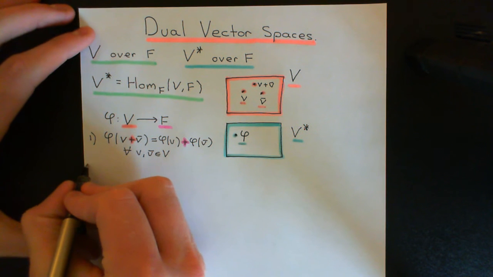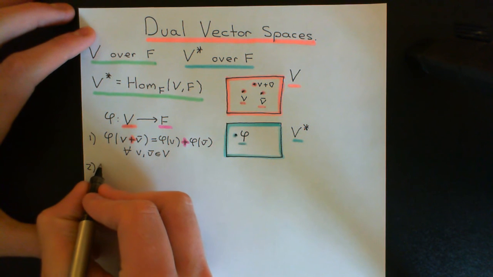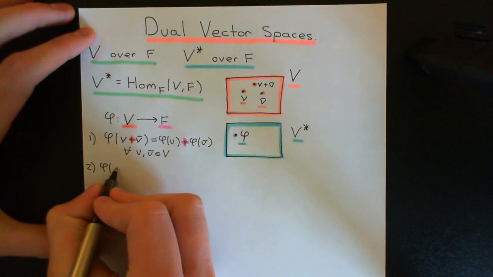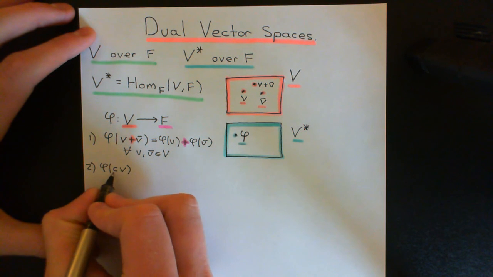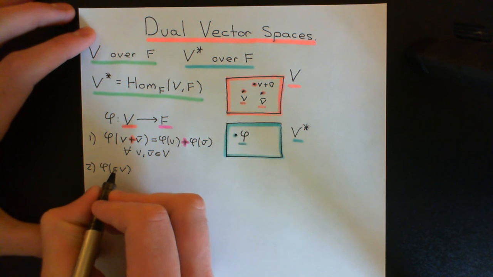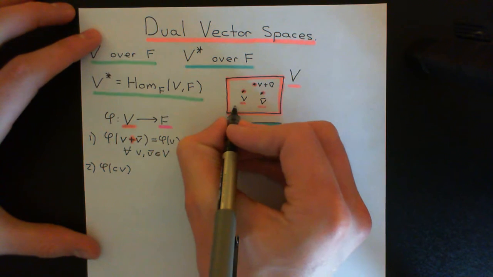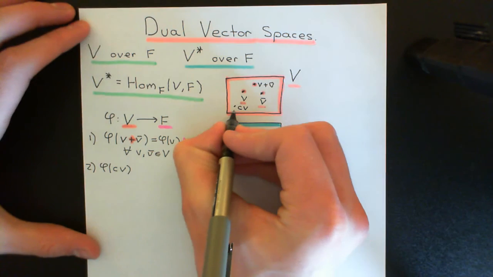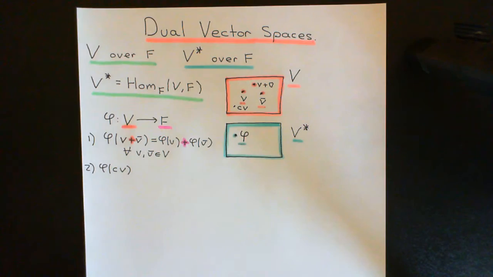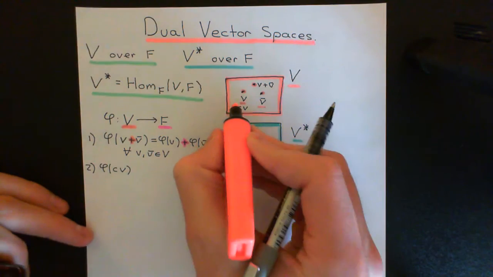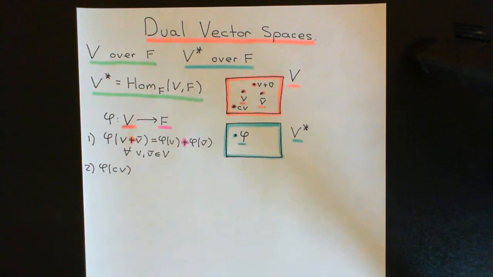The second criterion it must obey is that if we consider what is phi of, let's say, C times V, where C is some scalar from the field. Okay, so what you're doing here is you're multiplying the vector V by a scalar C and getting some other vector here. So in our picture here it is, and you're then mapping that onto an element in the field using this function phi here.